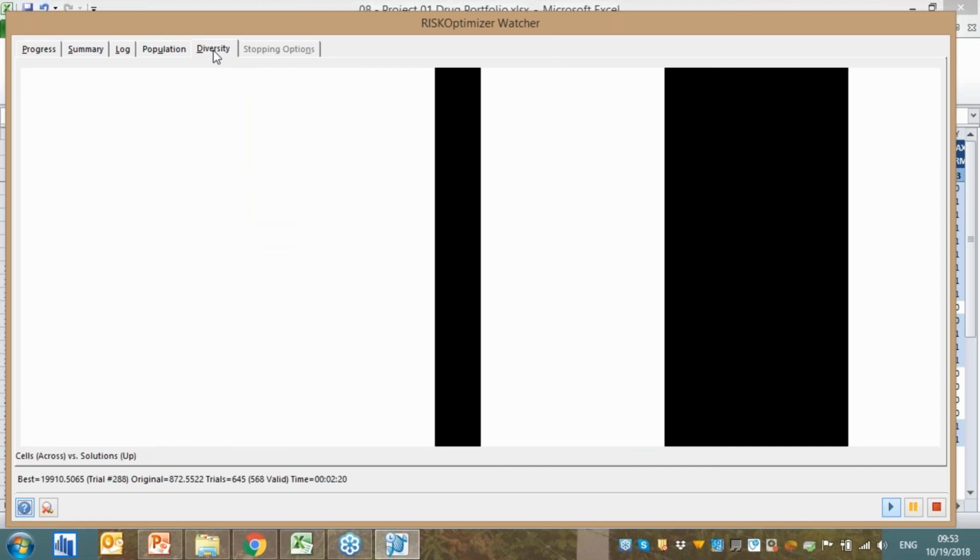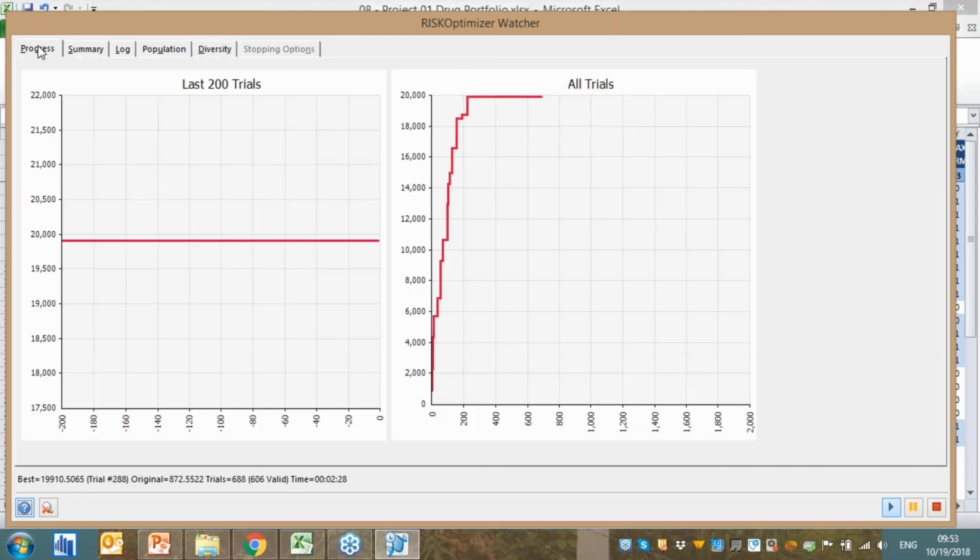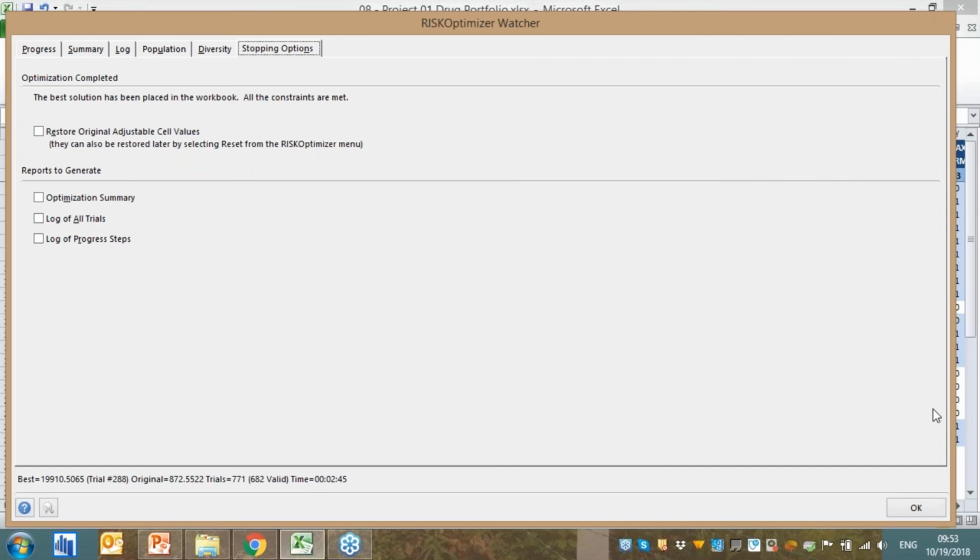So far, as you can see, the software has already become steady on its combinations of ones and zeros. In other words, it has already flatlined. The software is at this point not able to achieve a better solution than what I have so far, and it has steadied itself at such a solution. So this is probably a good point for me to come back here and stop my optimization, and I've already got a clue.